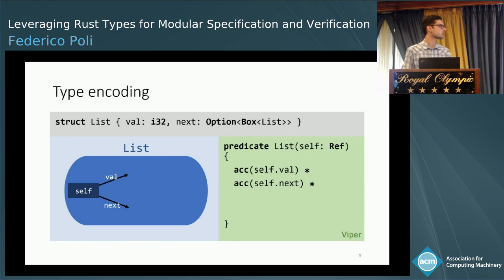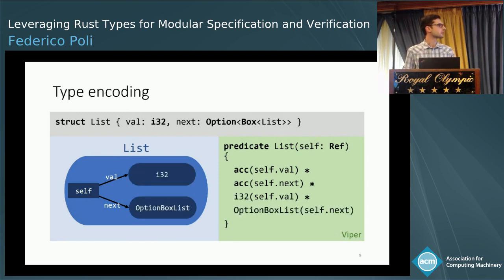And recursively, this list contains other predicates that define what is the first field, the i32 field, and what is the second field, the option box list. So since ownership is transitive, in our encoding to Viper, we have nested predicates to encode structures that are defined in Rust. So how is this predicate list used?